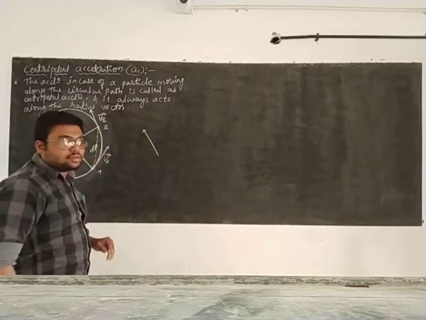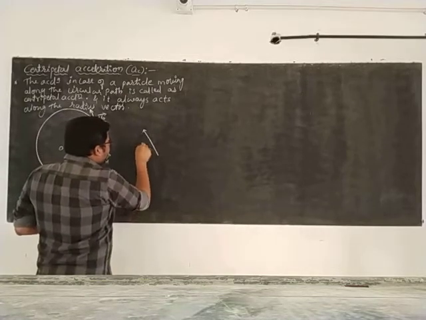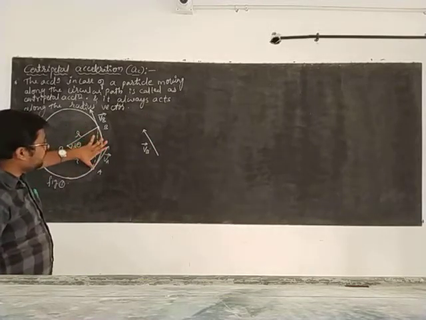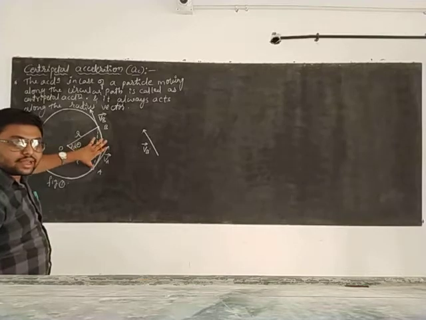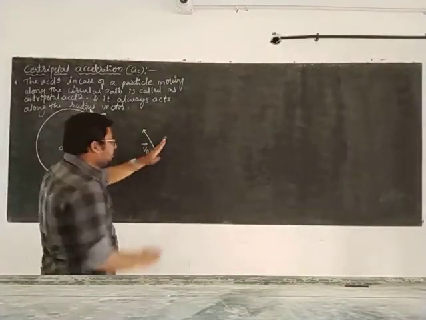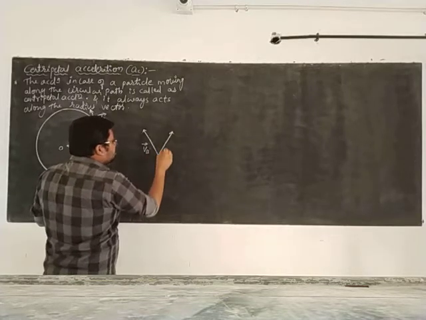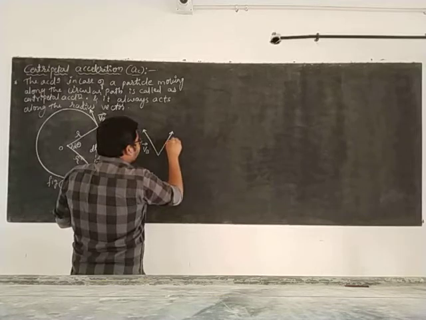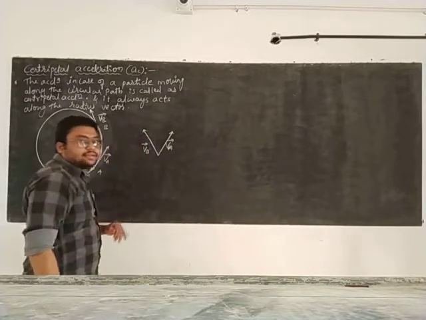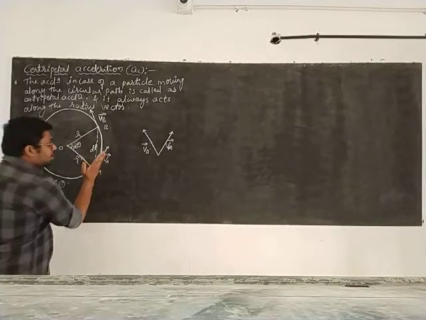Okay, it is the velocity vector VB. Then VA will be in this direction. Okay, so now I draw that here. So it is vector VA. And in which direction is the velocity changing?